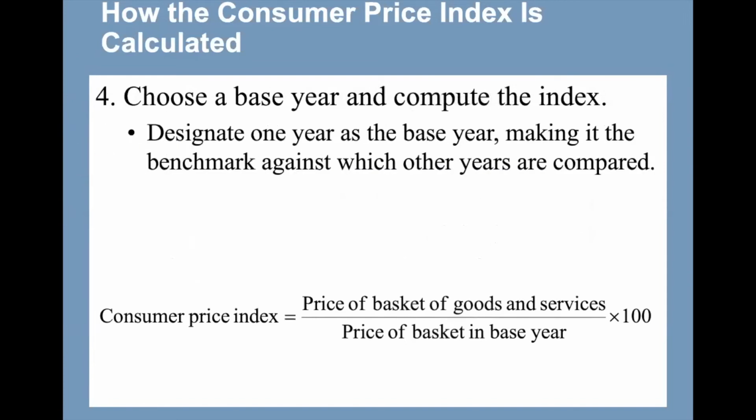In order to see how the price changes, they need to find a base year. A base year should be the year in which everything is as normal as possible. Like there should be no disaster like flooding, earthquake.